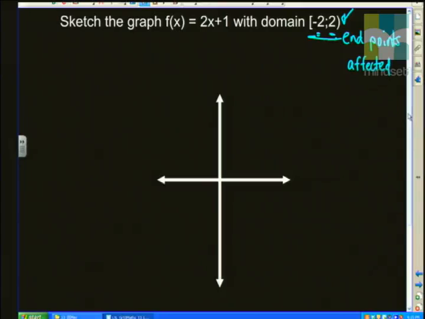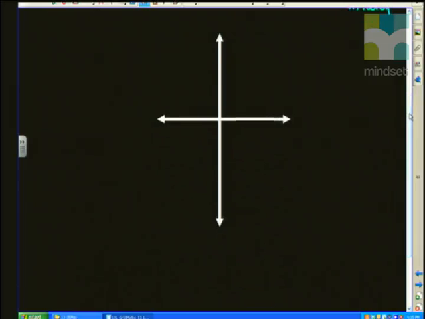On my number line system, I'm going to put a few points on so that when we sketch this we can easily plot the points. So let's just say that's 1, 2, 3, 4, and then on the negative side we've got minus 1, minus 2, minus 3, minus 4.